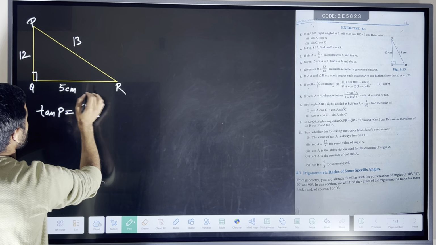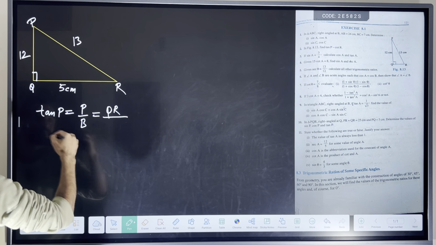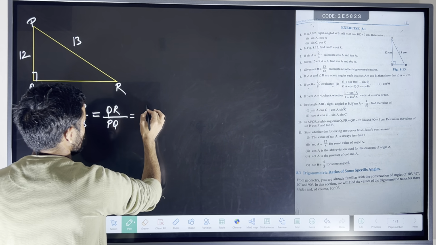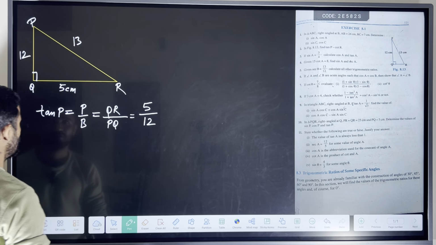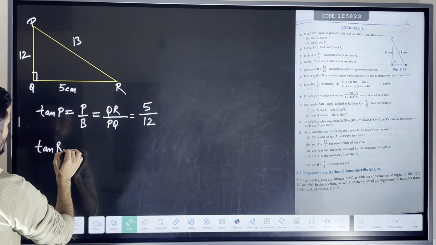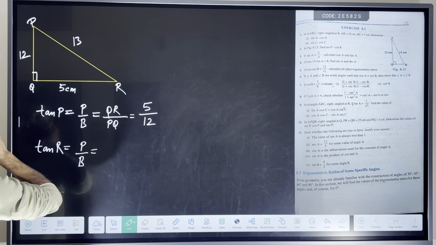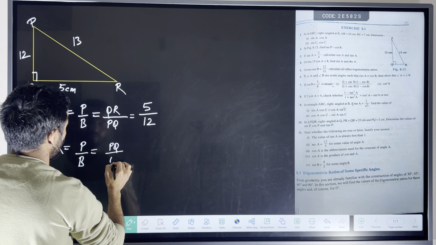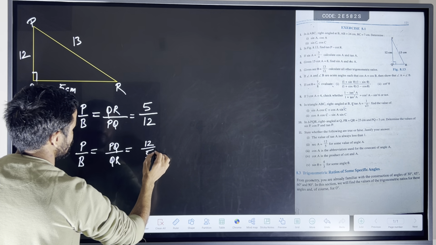For P, perpendicular is QR and base is PQ. What is the value of QR? 5. And what is the value of PQ? That is 12. Now tan R, again tan is perpendicular upon base. For angle R, perpendicular is PQ and base is QR. Now it is 12 upon 5.